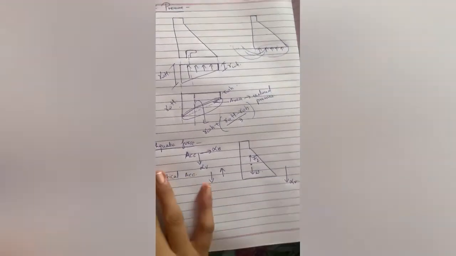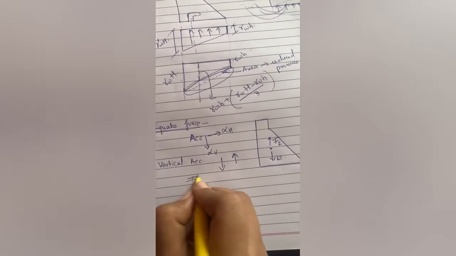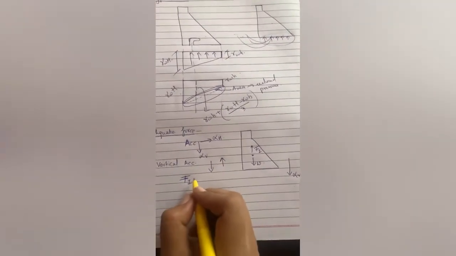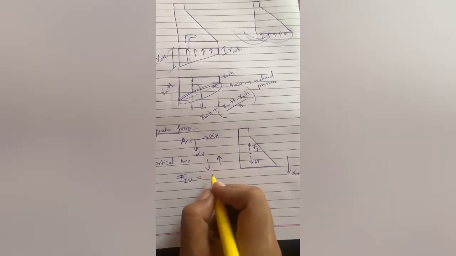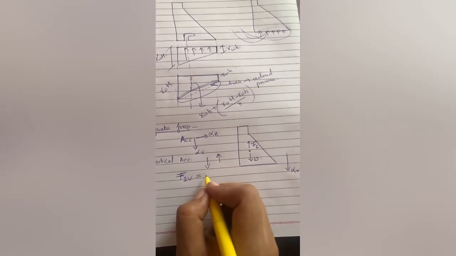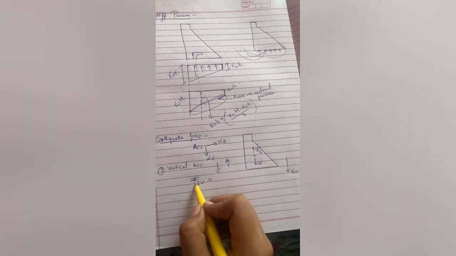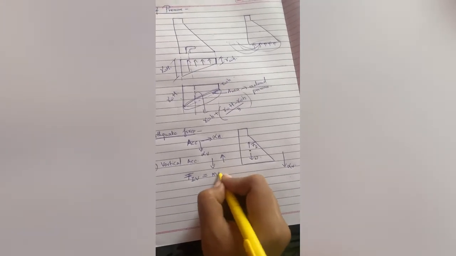This inertial force is given by Fi, and we are considering it for vertical, so FiV.